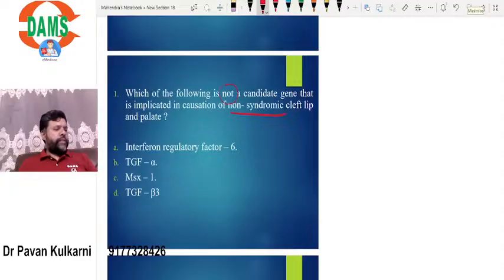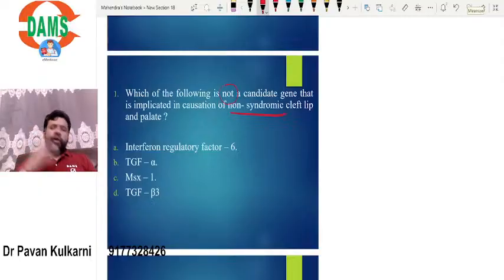So here there are two things. One is non-syndromic. We know that cleft lip, cleft palate are usually associated with certain syndromes, and there are certain non-syndromic cases. Non-syndromic means the patient doesn't have any underlying syndrome; the patient will have just cleft lip, cleft palate. However, cleft lip, cleft palate is also a component of many syndromes.